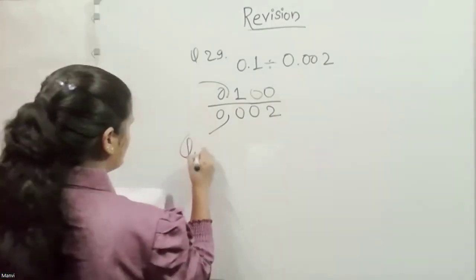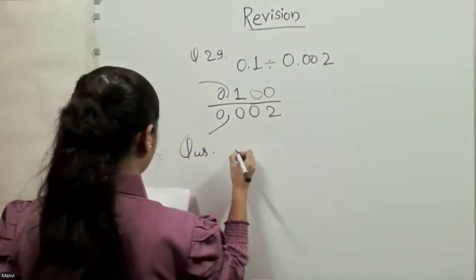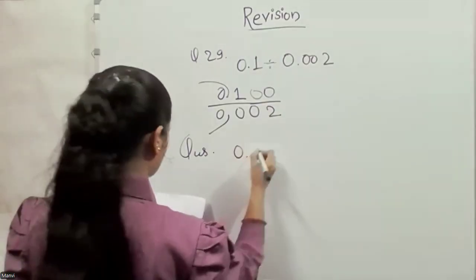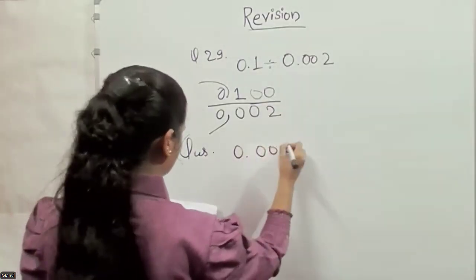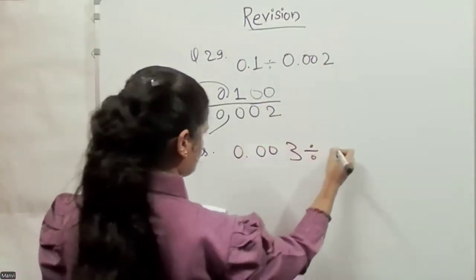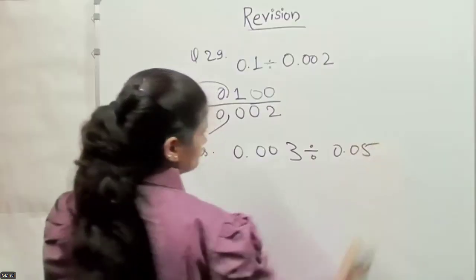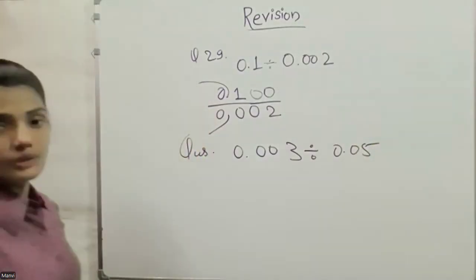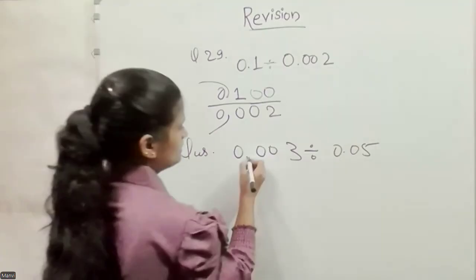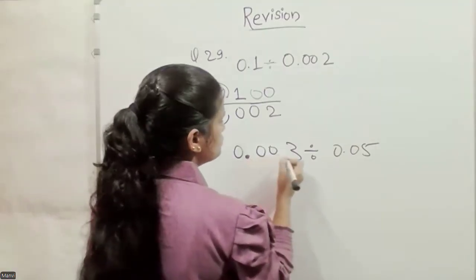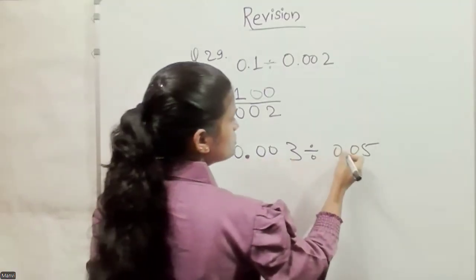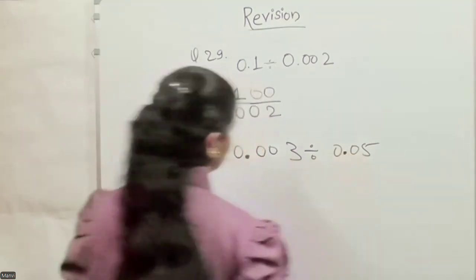Please do this question, Kavya, and be careful. Maybe you got your answer in decimal as well. This is 0.003 divided by 0.05.